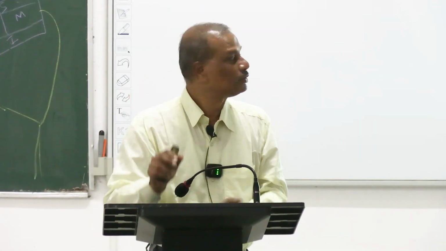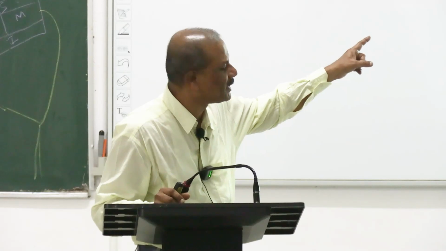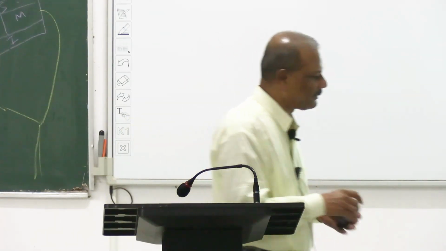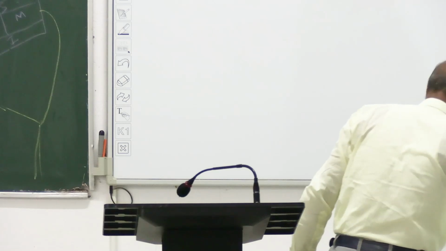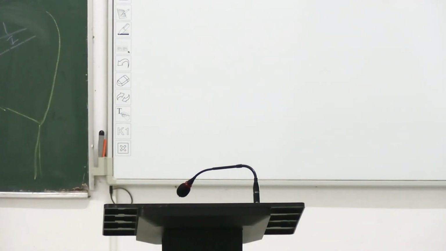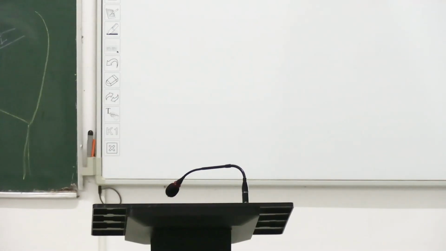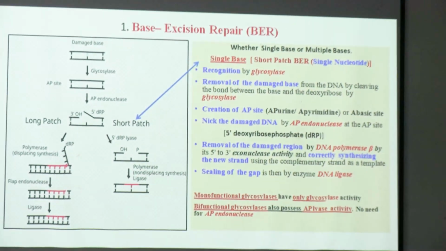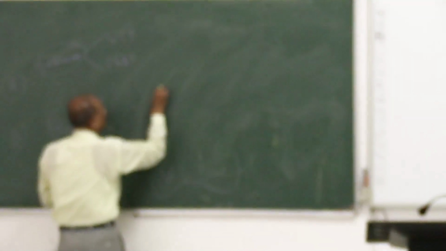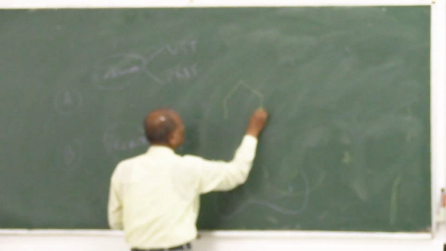Basically only that part is defective, so unnecessarily the entire thing need not be removed. That is what is called base excision repair. If you recall correctly, that part, the nucleotide part, the nucleobase. See that structure of DNA, if you recall.